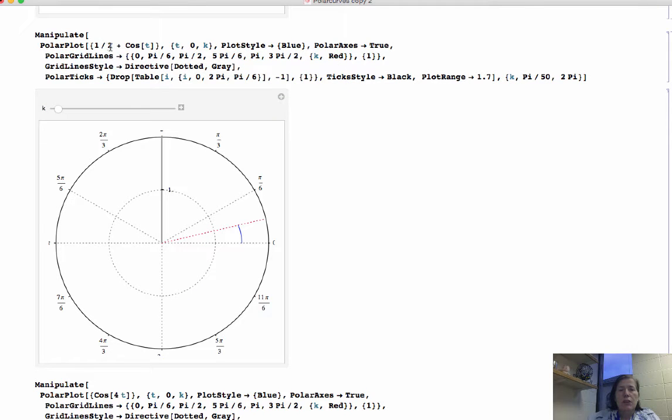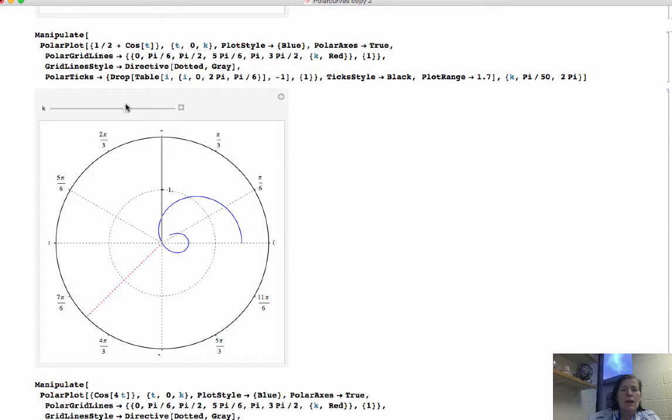I could also change that constant. I could graph 1/2 plus cosine of theta, and we see that this also changes the graph. As the angle swings around from 2 pi over 3 to pi, the r values are actually negative, and so we have this inner loop in our heart-shaped object.